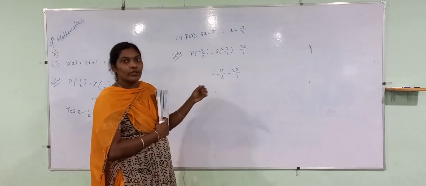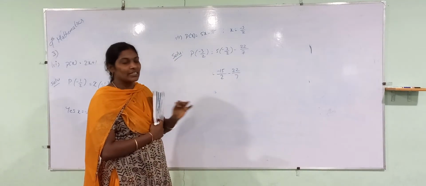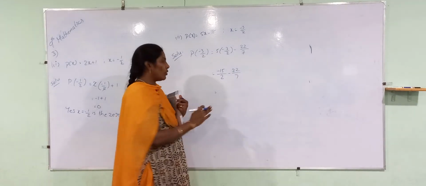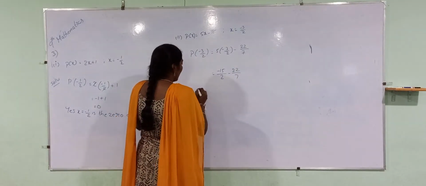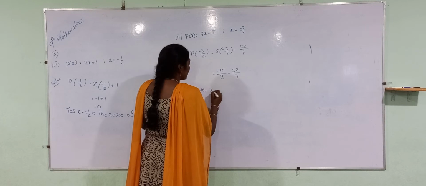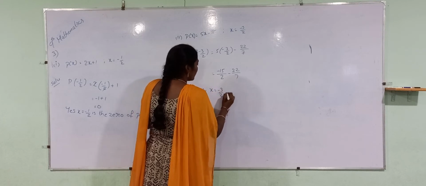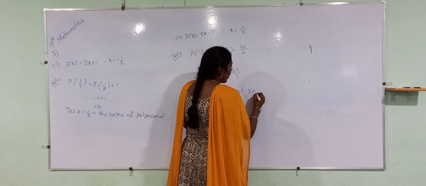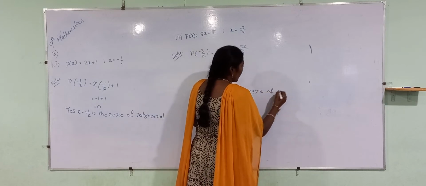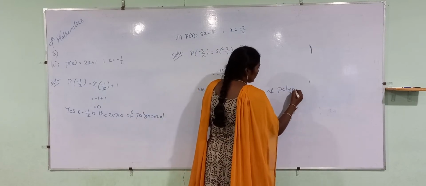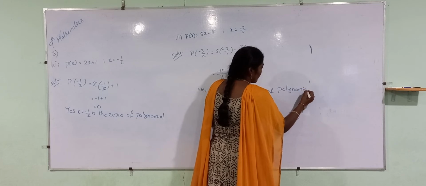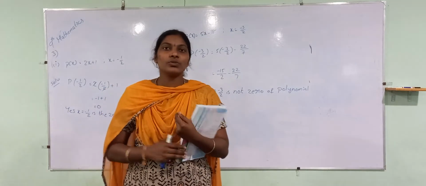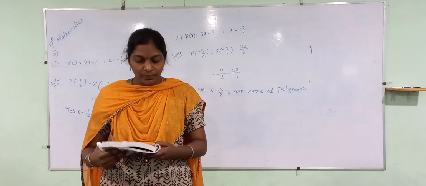See, even if you take LCM and do the cancellation, whatever you do, you will not get 0. So stop it here and write no. X equals minus 3 by 2 is not the 0 of the polynomial. That's it, simple. Like this, do the remaining all in the HW.